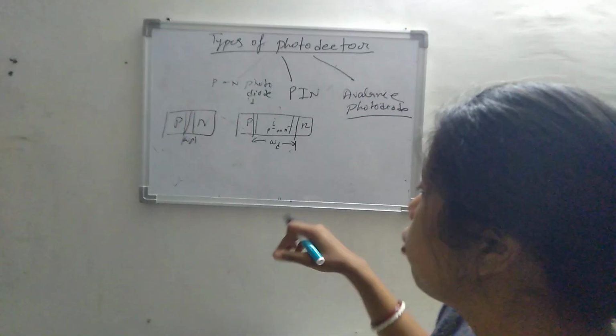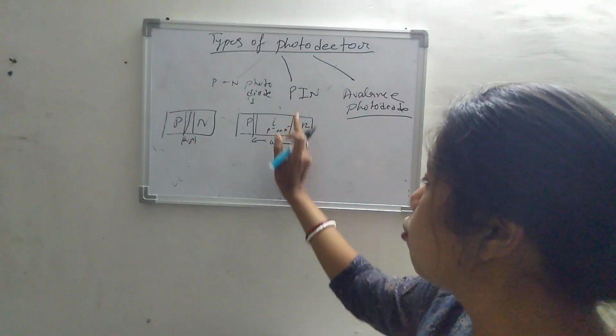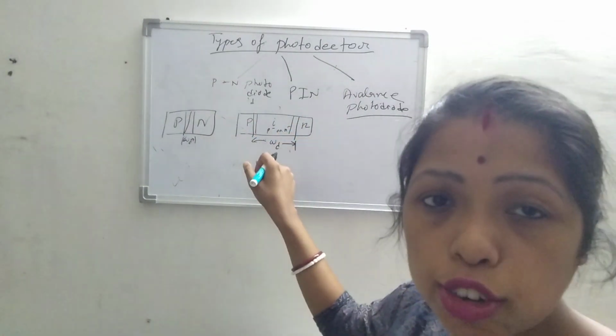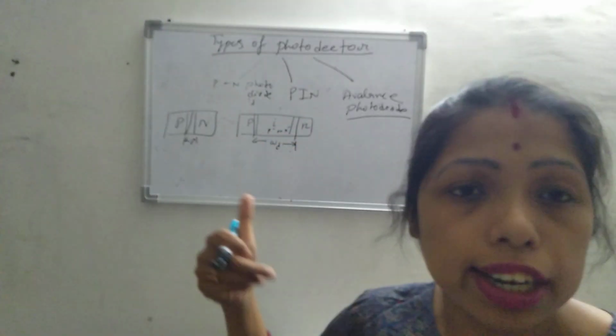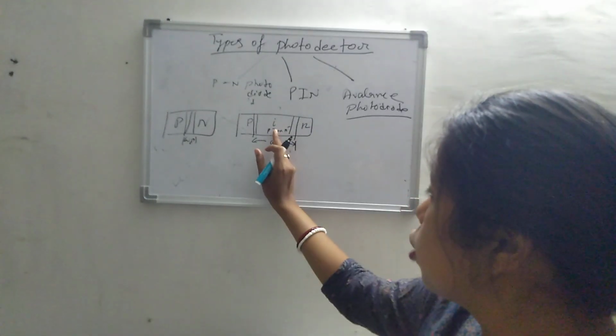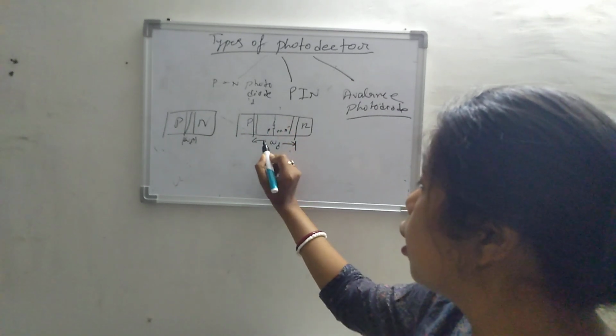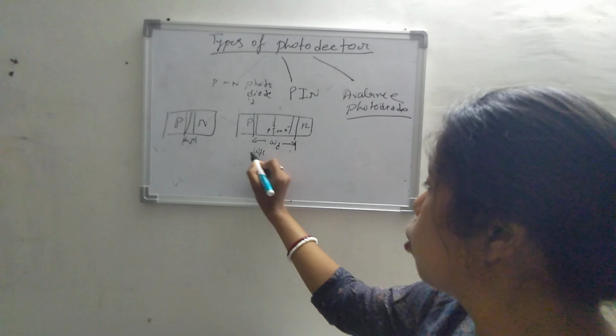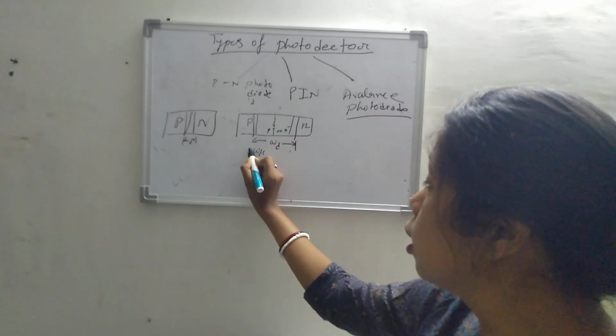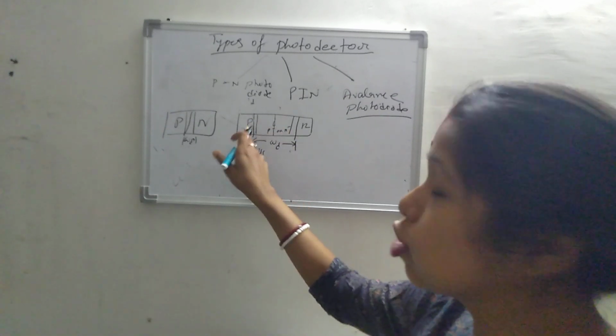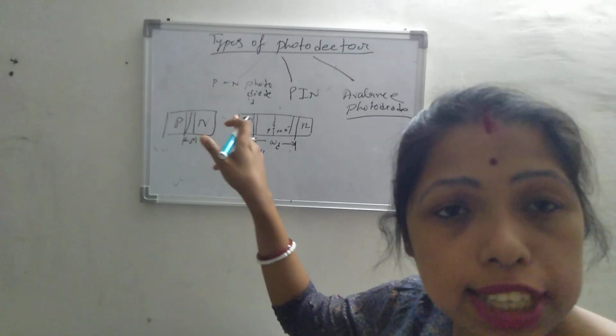If any material is lightly doped, we get a wider depletion region. The intrinsic layer is lightly doped, right? So here we will get the wider depletion region. Suppose this is W1, here also we will get W1. The P-type semiconductor is highly doped.